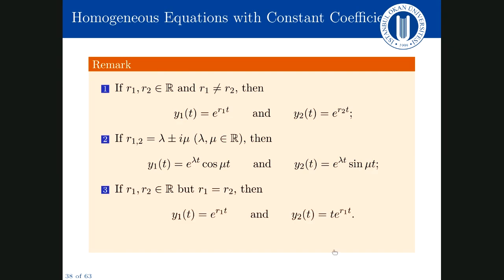If we have repeated roots, two real roots but they are the same number, then our two functions are e to the r1 t and t multiplied by e to the r1 t.